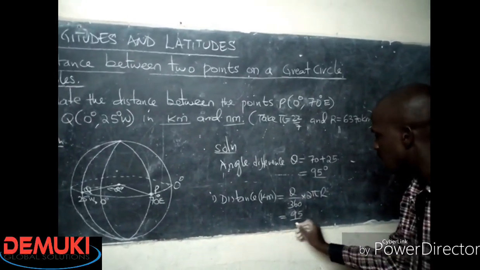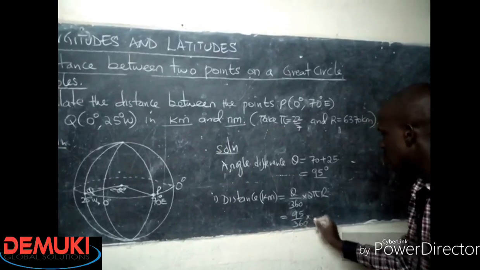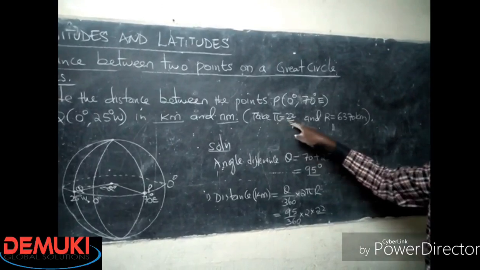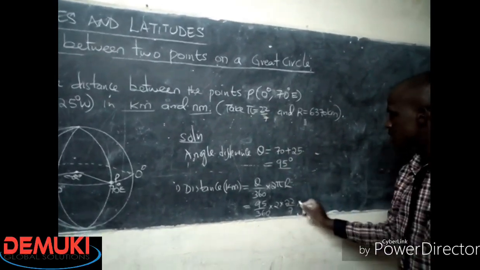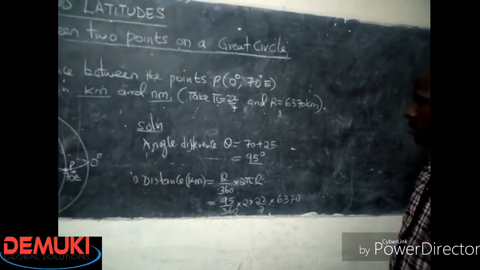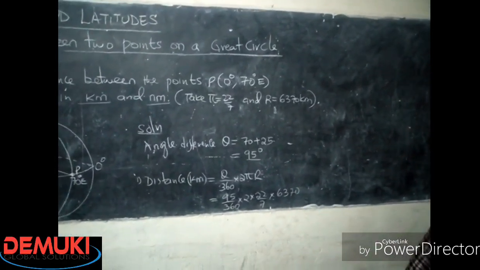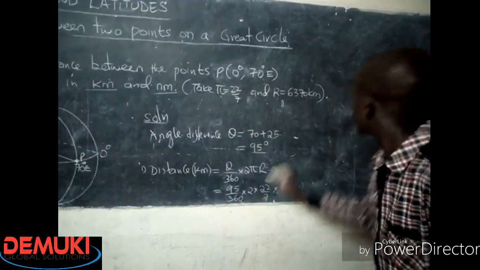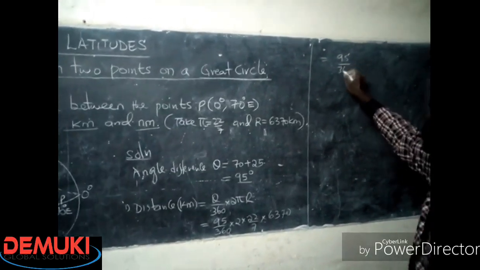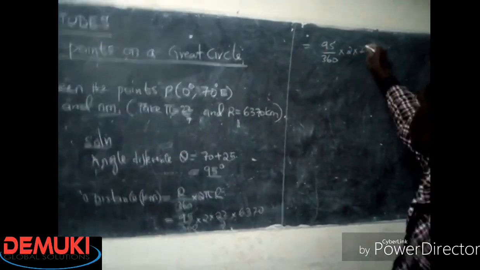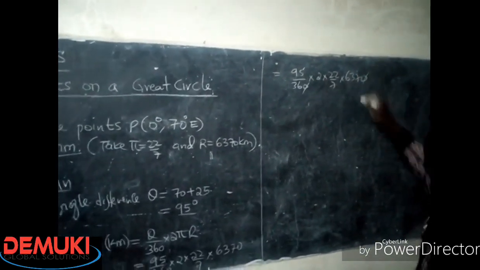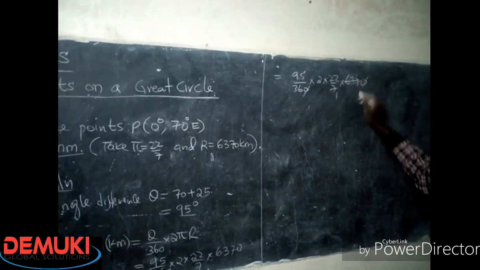It should be 95 over 360 times 2 times, we are told to take pi as 22 over 7, r is 6370. So we can do some calculation here. So this is 95 over 360 times 2 times 22 over 7 times 6370.